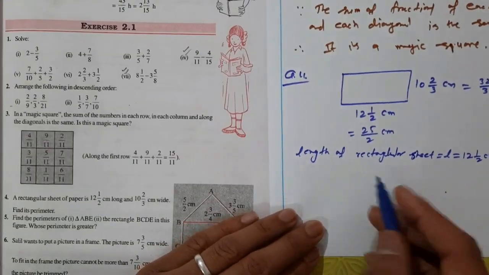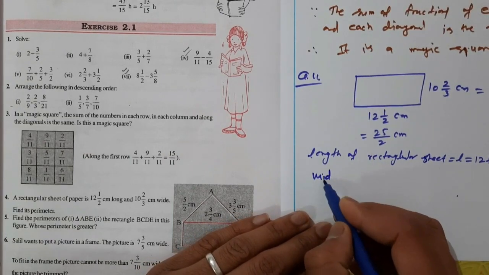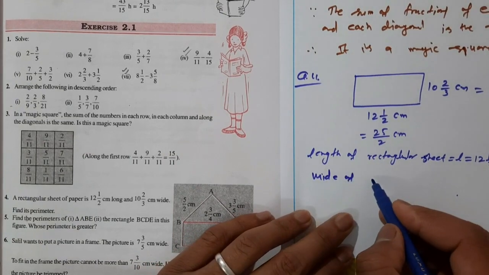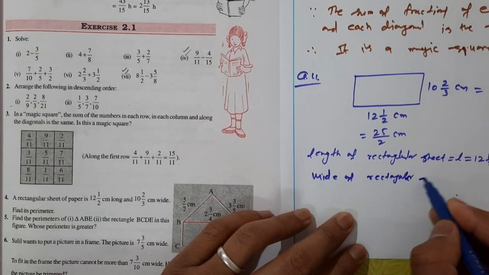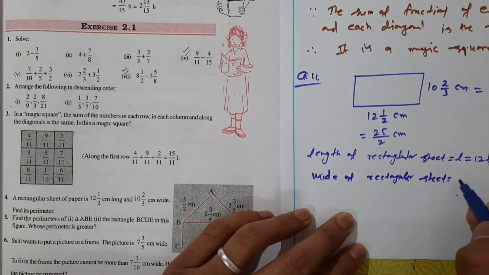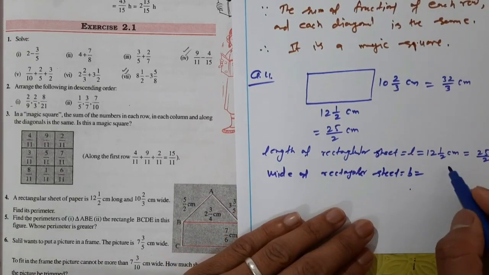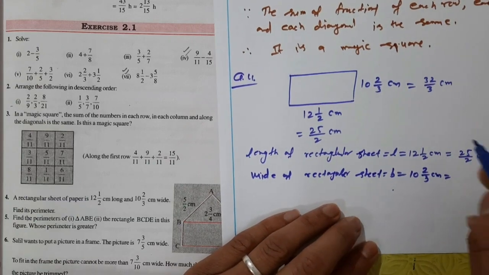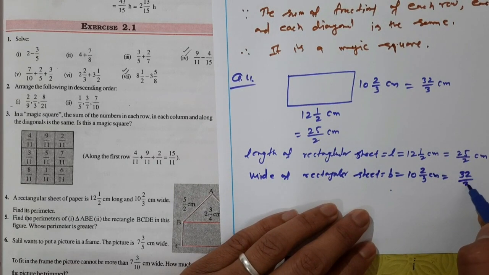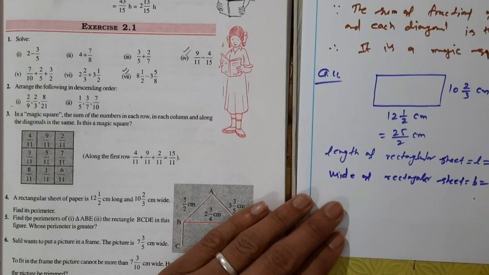Now the width of the rectangular sheet equal to B, that means 10 and 2 upon 3 cm equal to 32 upon 3 cm.